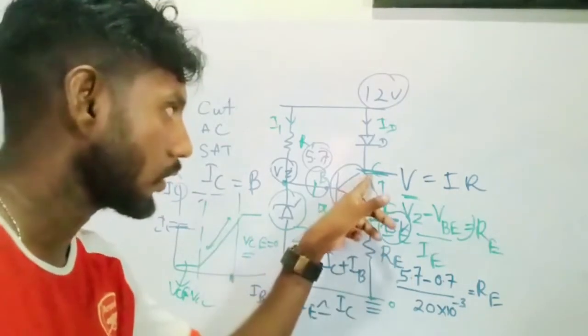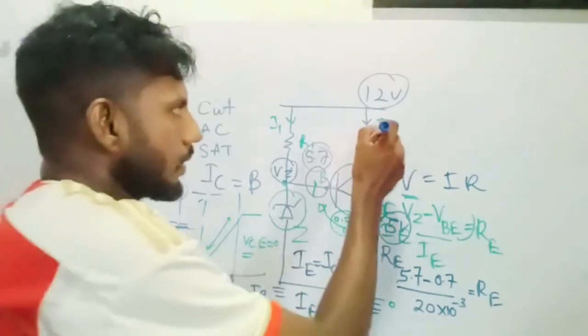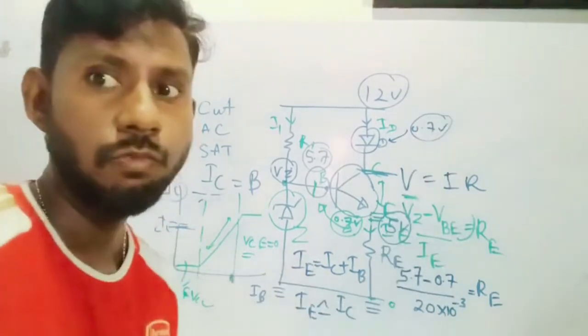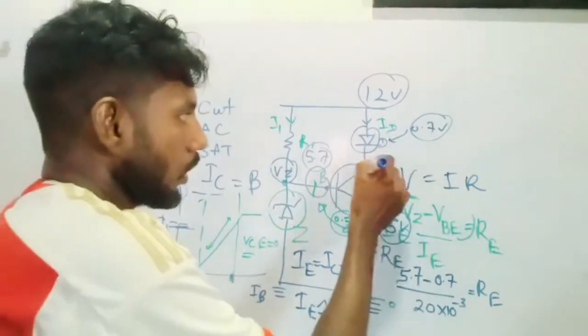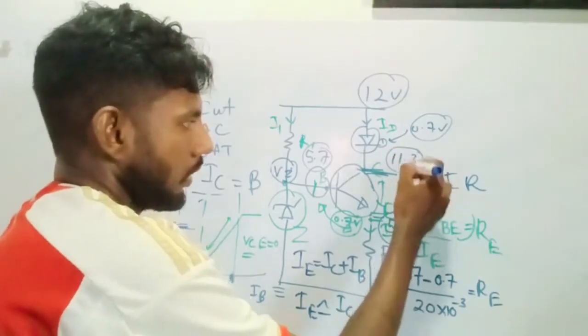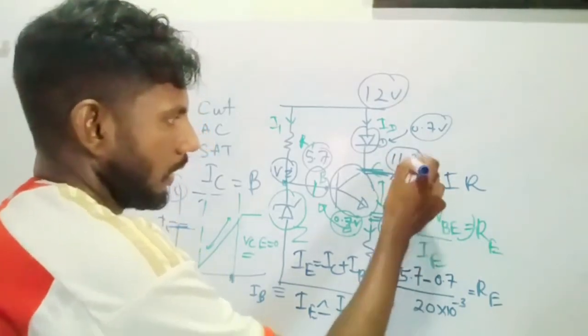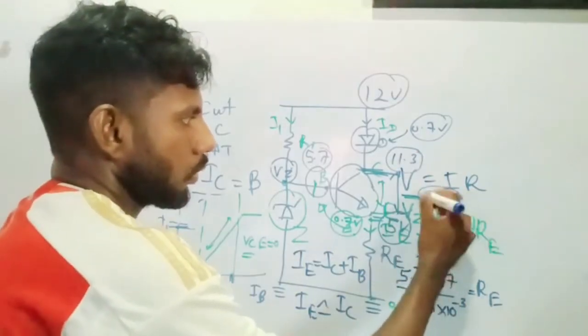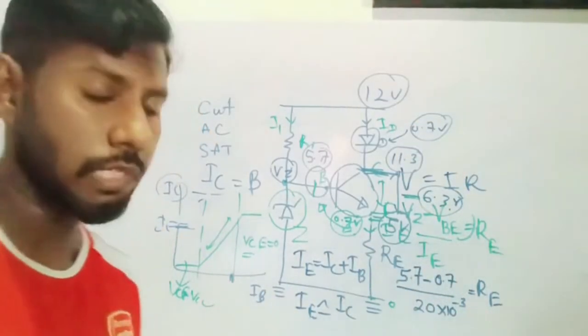So we need to find the potential at C. It's a junction diode, it will keep only 0.7 volt at forward bias. So the potential here will be 12 minus 0.7, which is 11.3. So the difference, 11.3 minus 5, is 6.3. So 6.3, students, is in between 0 and 12.